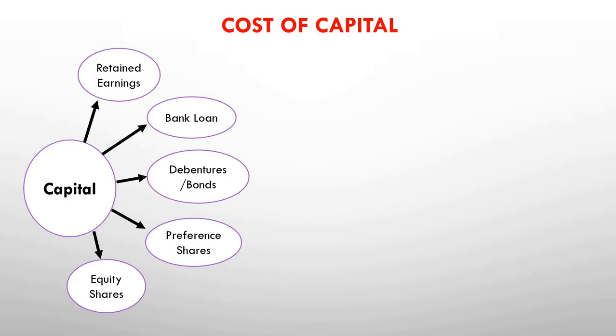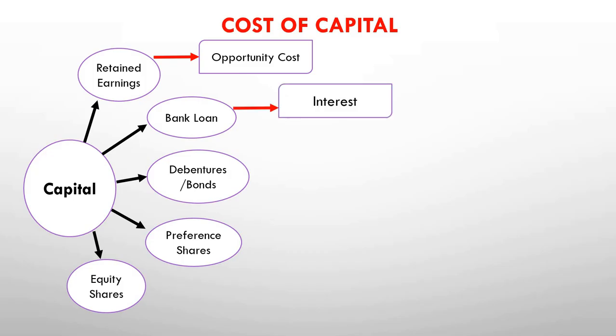As I have already told you, nothing comes free in this world. If I am investing my own money, it has a cost, which will be considered my opportunity cost. If I am borrowing the money from the bank, I have to pay the interest. If I am borrowing the money from bonds or debentures, as you already know the features of bonds and debentures, we have to pay a fixed rate of interest.